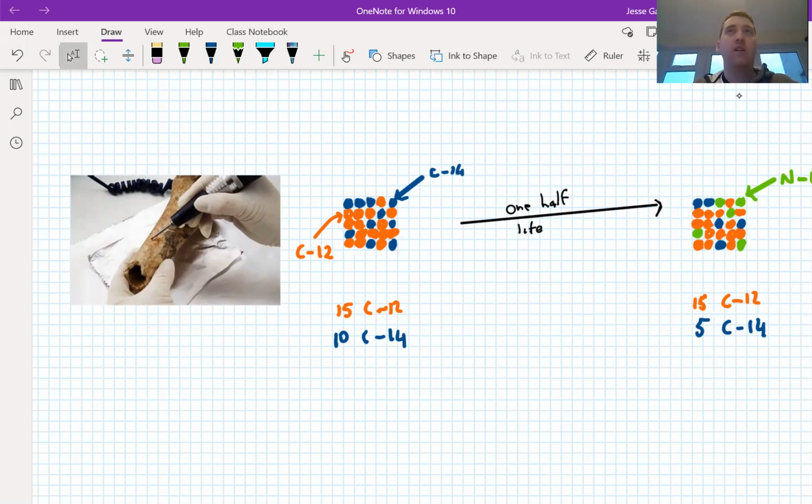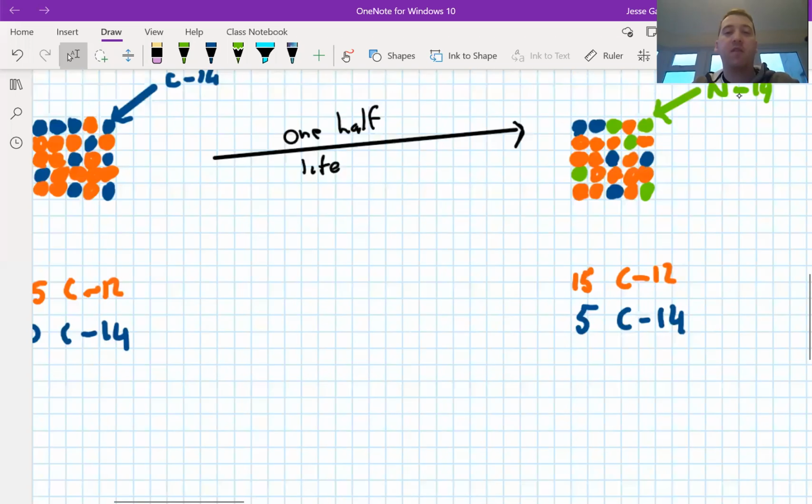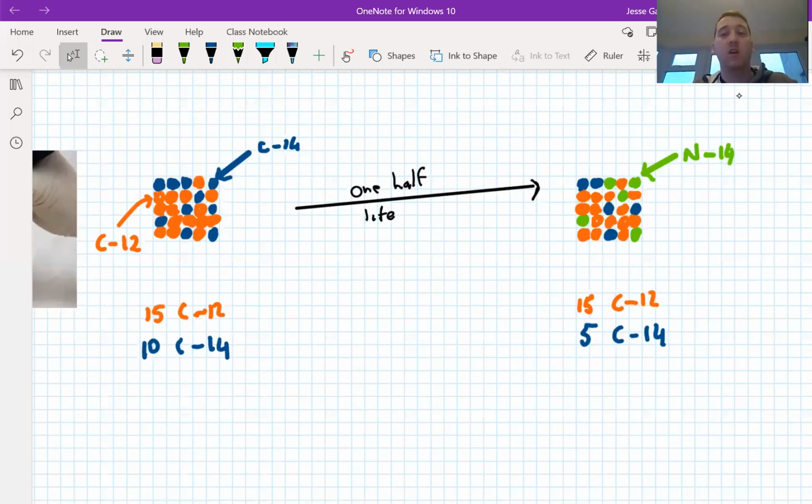And by knowing the ratio of carbon-12 to carbon-14 when an organism is alive, so when they would be constantly taking in carbon from the atmosphere, by knowing that natural ratio and knowing how many there are now, they can figure out how many half-lives have occurred. So here we've shown 1 half-life. Now there might be a lot bigger ratio of carbon-12 to carbon-14 left now. So the key thing is to work out how many half-lives have gone past.